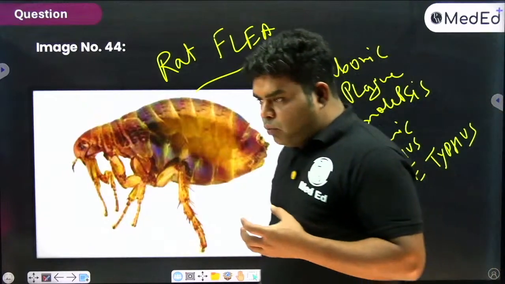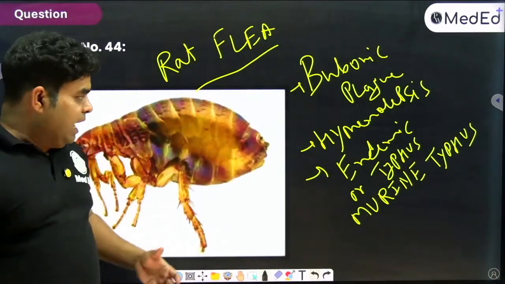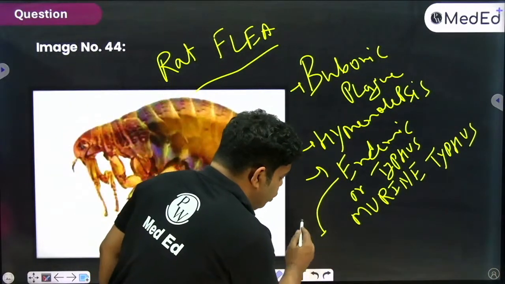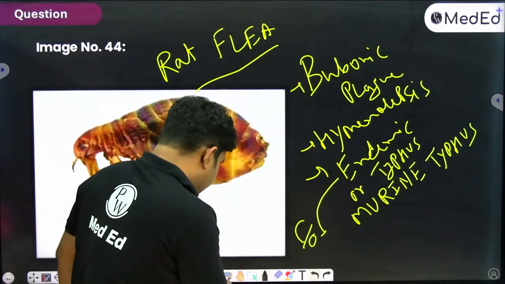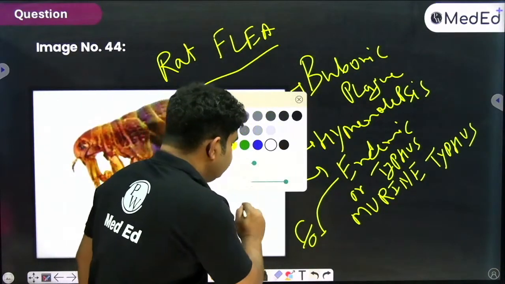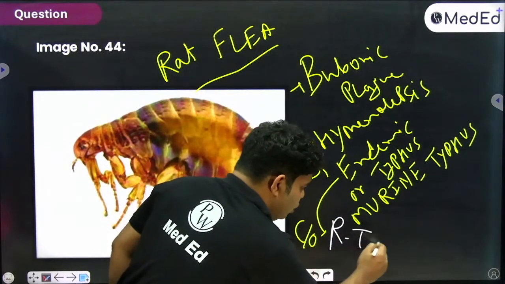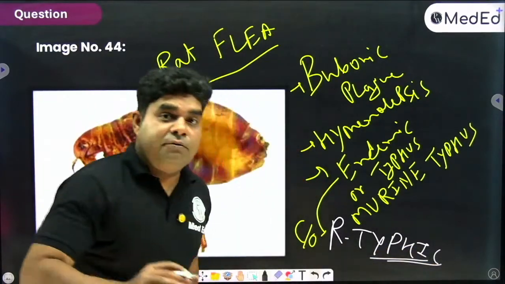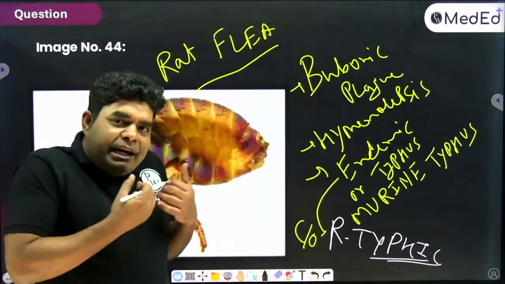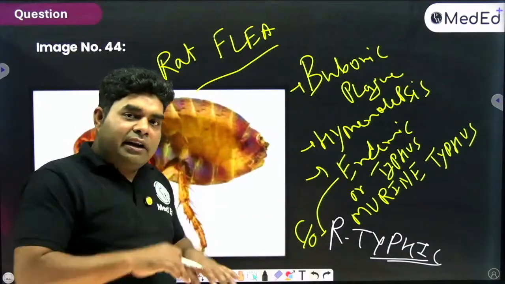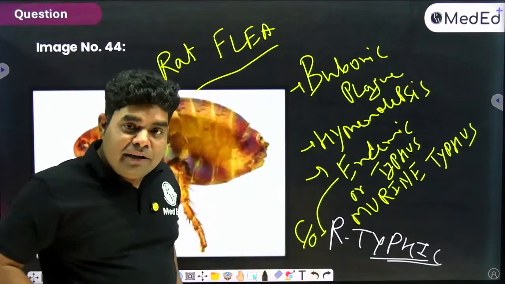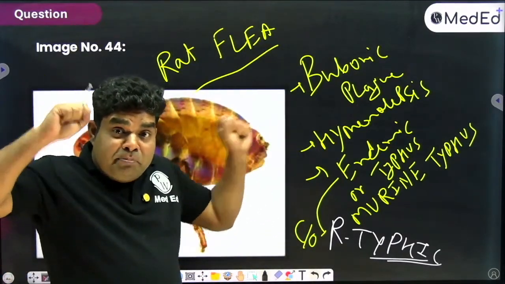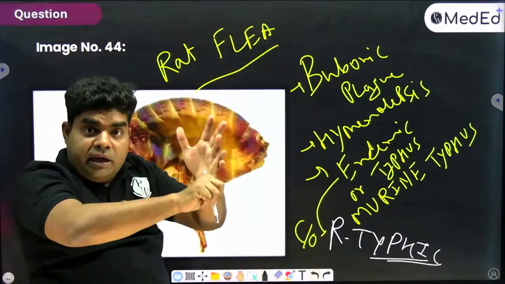So they ask, what is the causative organism of endemic typhus? The endemic typhus causative organism is Rickettsia typhi. How to remember it? Because endemic and epidemic typhus can be confusing. Typhoid is endemic in our country, so typhoid endemic. And epidemic, big thing. So Rickettsia prowazekii is epidemic.